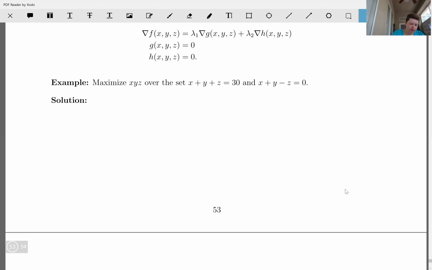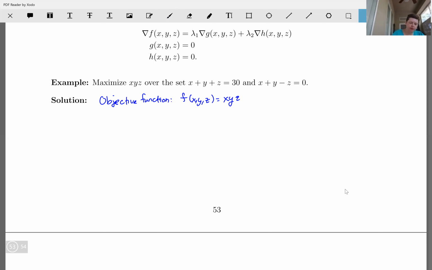So our objective function, the thing we're maximizing, f of x, y, z is just x times y times z, and our constraints are what?